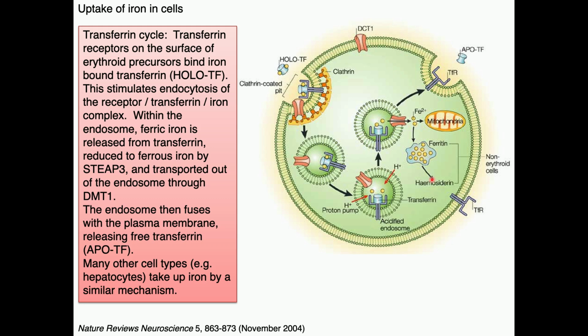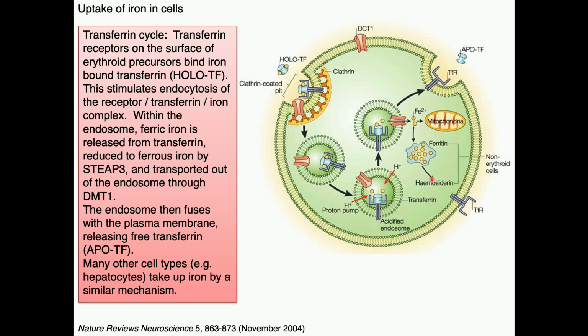We need copper in just tiny amounts in the diet, and one of the reasons we have it is to maintain iron homeostasis. So that transport of iron through transferrin is dependent on the activities of ceruloplasmin and hepcidin, which are dependent on copper.